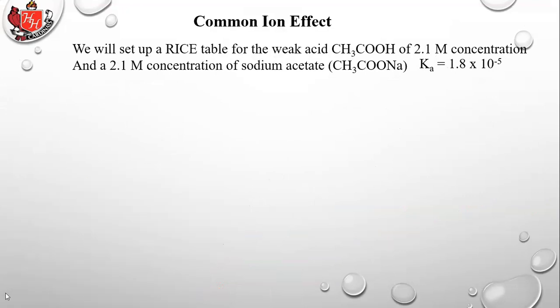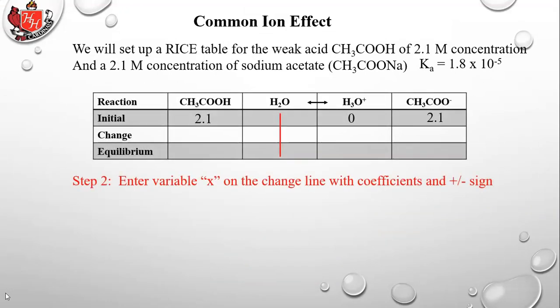Okay, here we go. We're ready for the change line. Again, the nice thing about acid reactions is all the coefficients are ones, same with bases. So it's -1 for the acetic acid. Over on the right, it's +1 for the hydronium, and +1x for the acetate ion. You just use the coefficients in front of each of those compounds.